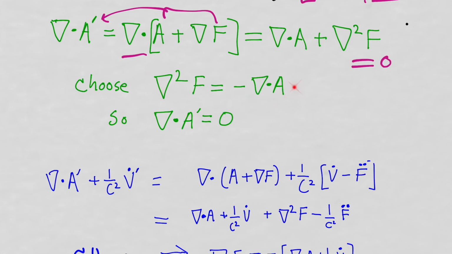And that's exactly the condition. I have this inhomogeneous Laplace equation, which is scalar, because this divergence is a scalar. I solve this inhomogeneous Laplace equation for f, which can always be done, and once I have that f, I create my A prime, and the divergence of A prime is 0.